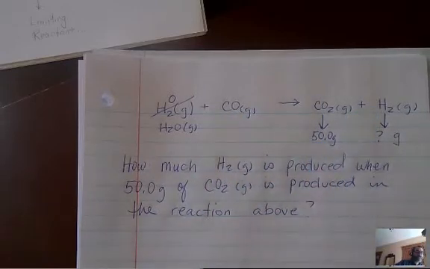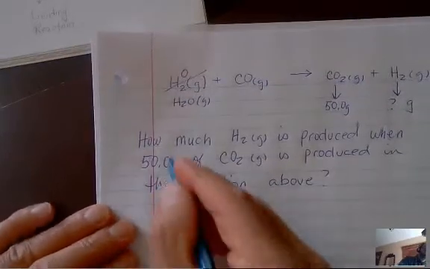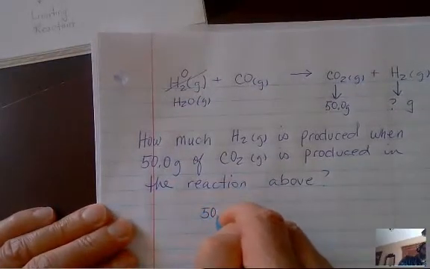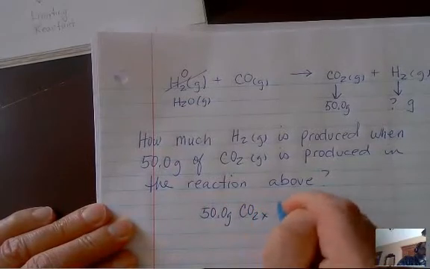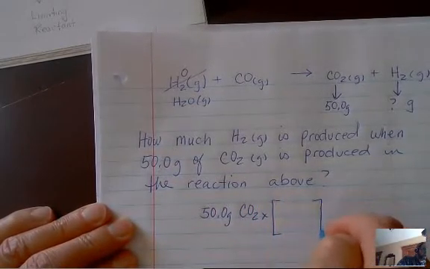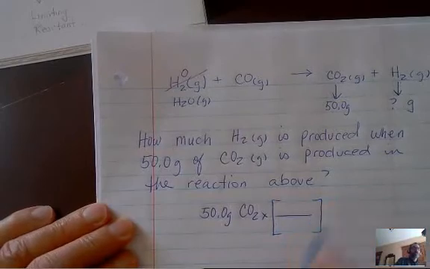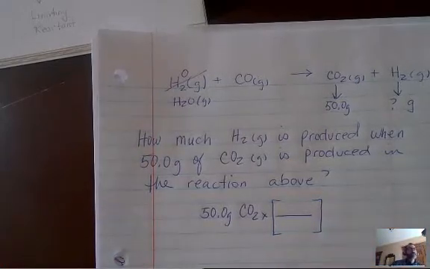So what's the first thing that I write down? I write down my 50.0 grams of carbon dioxide because that's what they gave me in the question. Remember, grams are not stoichiometric, right? So I need to get from grams to moles. I can only look at the balanced chemical equation when I'm in moles.